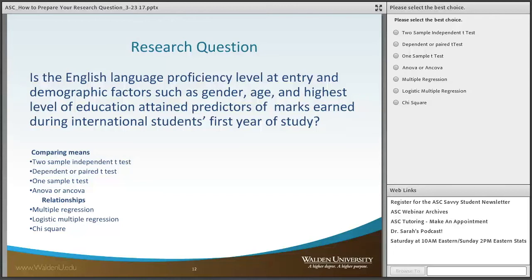So that changes what this question is saying, because it's asking if it's going to be a predictor of marks earned. So whether the marks are a GPA or whatever, they're going to be marks. And so it will not be logistic. It will be multiple regression.